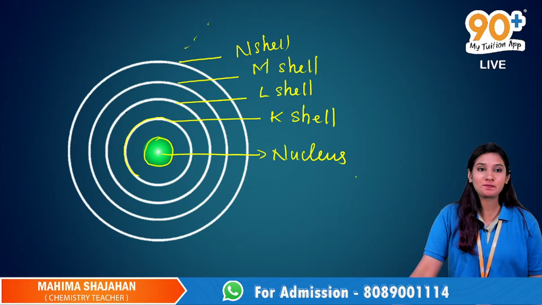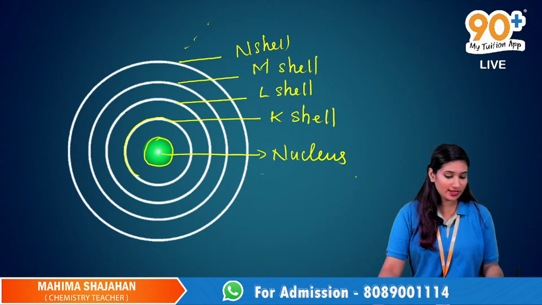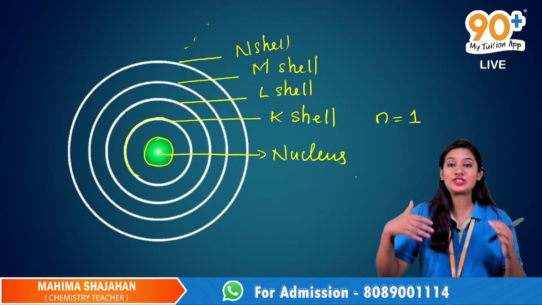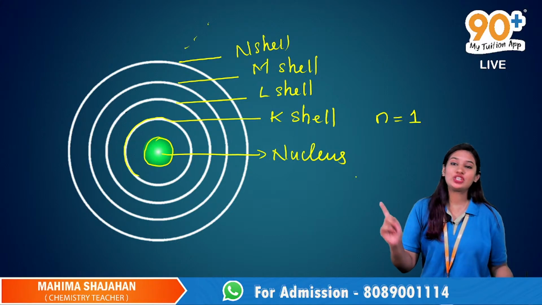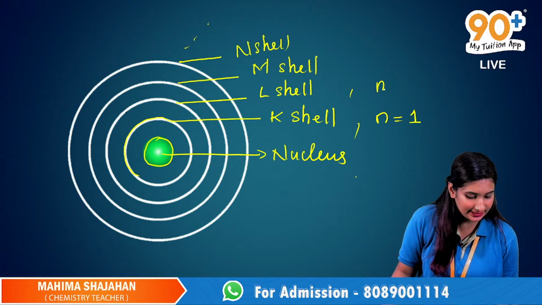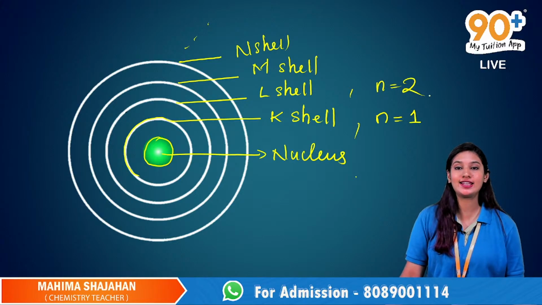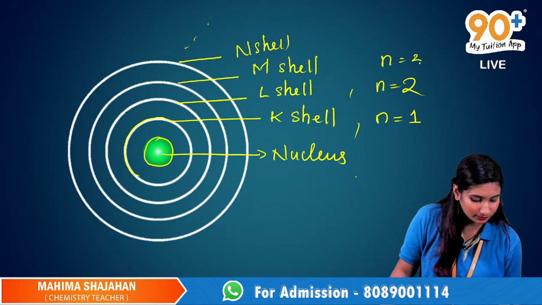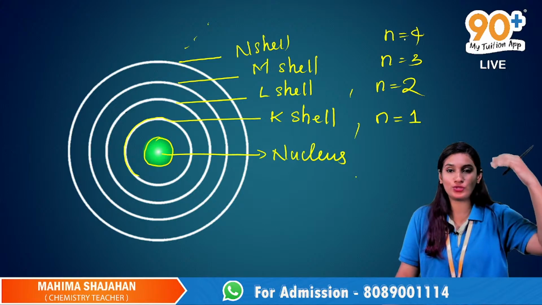Is it clear? Or else you can say that N represents the number of shells. K shell is also known as the first shell, L shell is the second shell, M is the third shell, and N is the fourth shell, and it goes on.